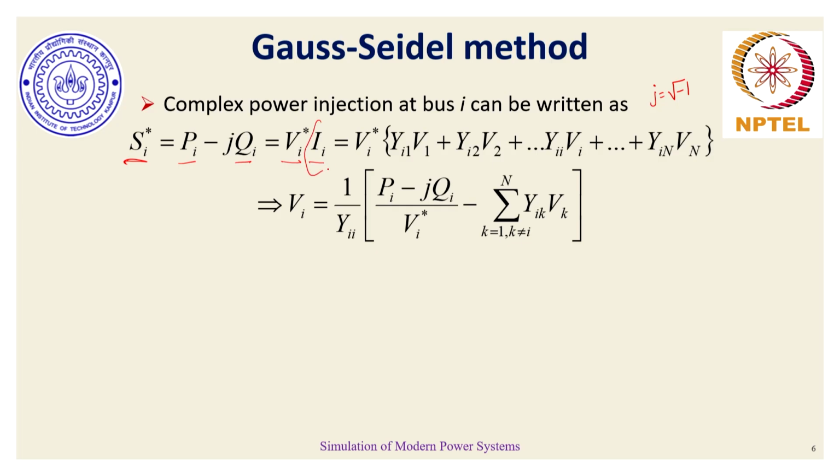I can expand or rewrite the current injection at bus i in terms of bus admittance matrix elements and the remaining unknown voltage phasors, starting from bus 1 voltage, bus 2 voltage all the way till nth bus voltage phasor.